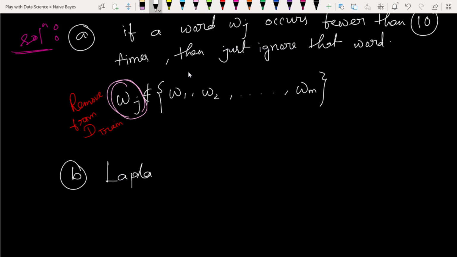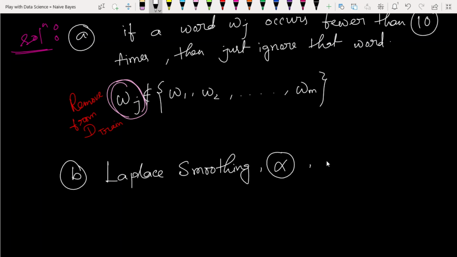If you are not interested in removing the word from our data corpus, then simply use the Laplace technique, Laplace smoothing, with the hyperparameter alpha.